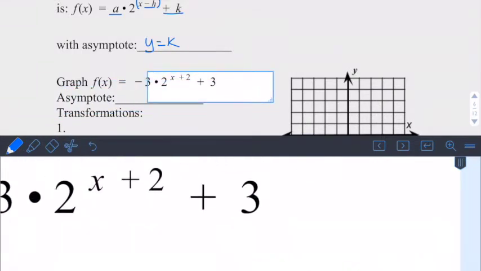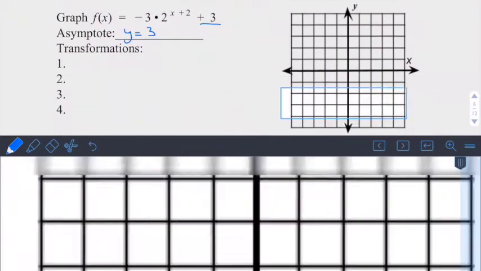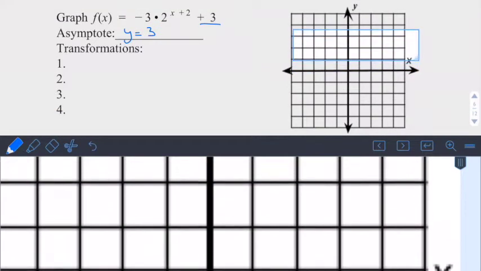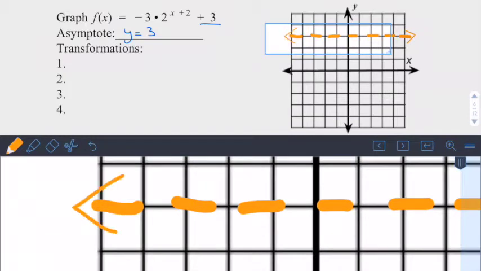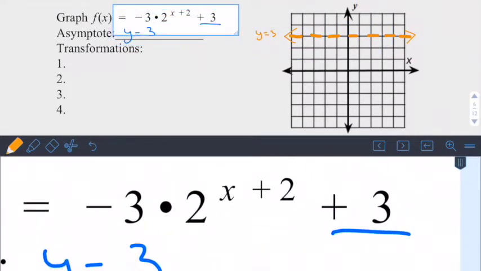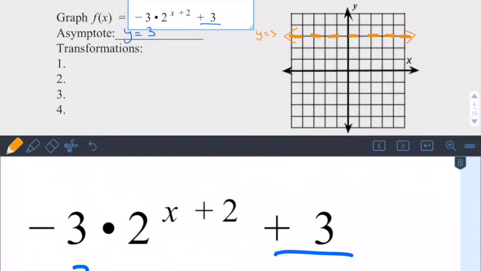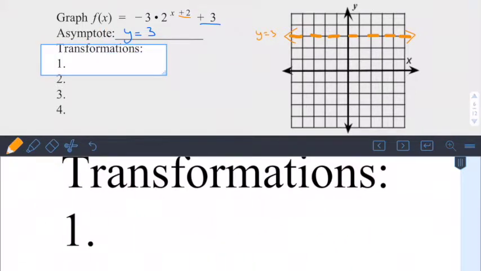So our asymptote is going to be y equals 3. So I can go ahead and add that to my graph right now at y equals 3. And then I'm going to list my transformations. So remember I need to do my left and right 2. This is inside and this is left 2.